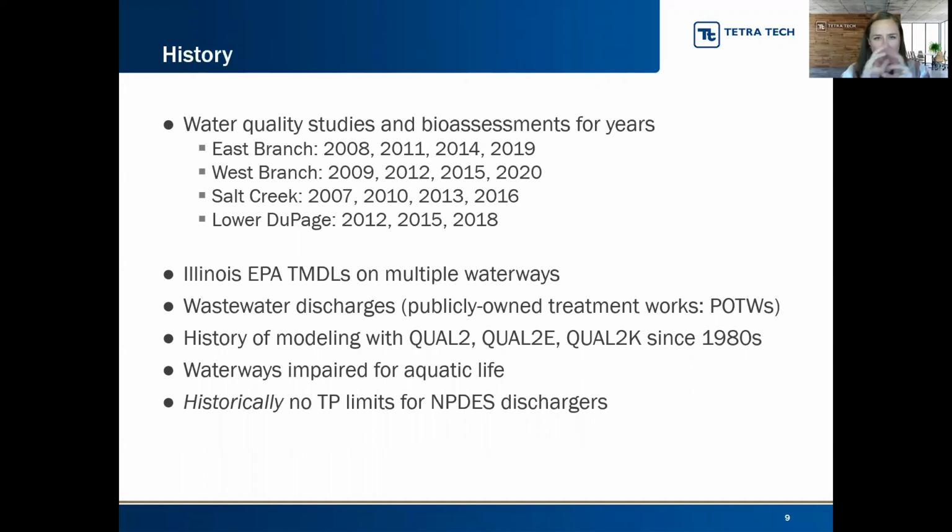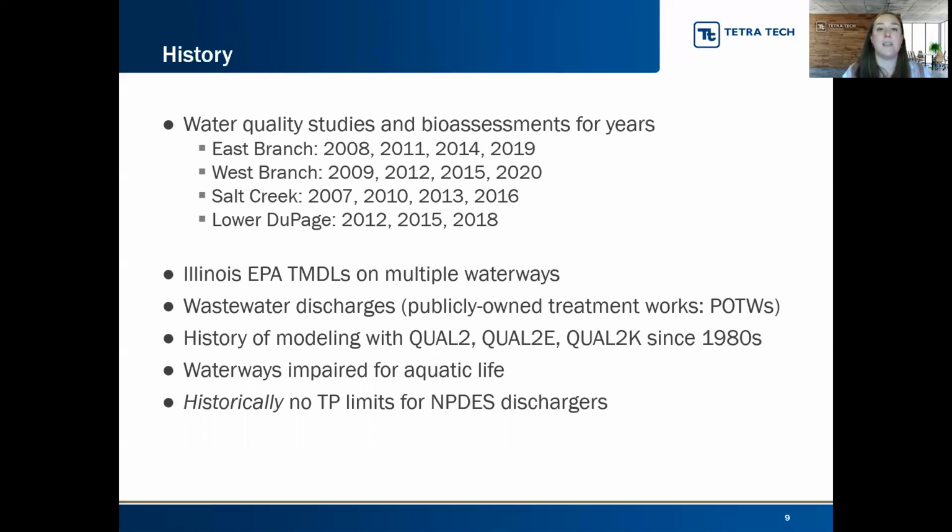You've got your black screen, your white text, very, some people would say, user hostile. And then as you move through time, Qual2E was developed, which introduced some more complexity, then Qual2K and Qual2KW, which is what we're using for this modeling exercise today.